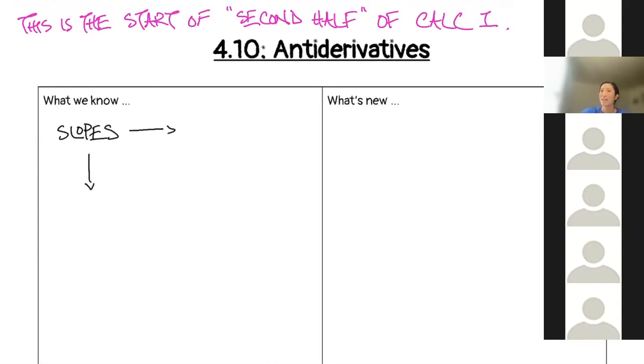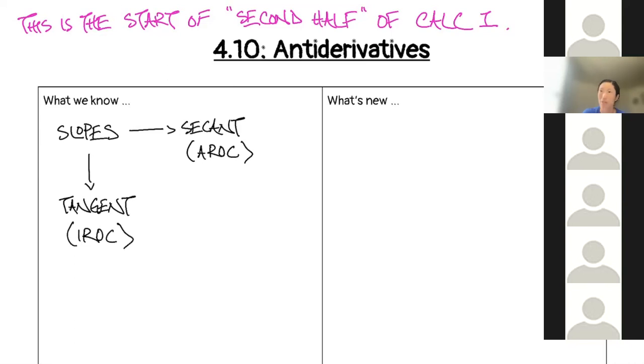Okay, so we've got a secant line, so slope of the secant line, and that would, in our brains, cue us for average rate of change. Okay, and then you're right, we sort of have slopes of what we call tangent lines, and that would be more like the instantaneous rate of change.